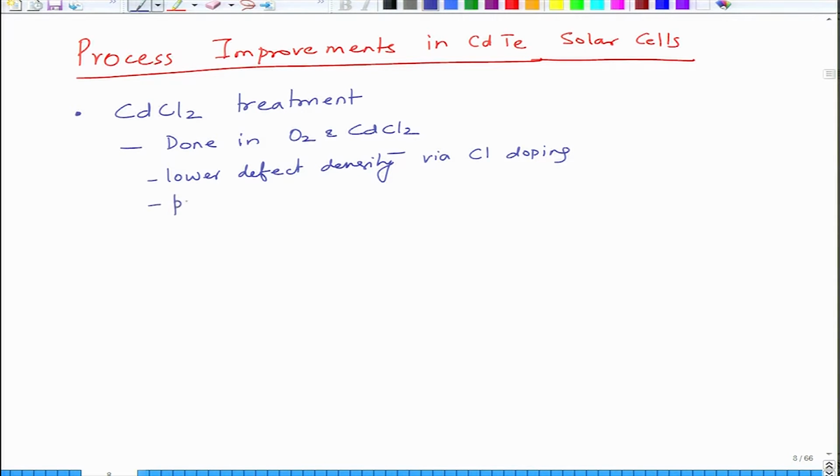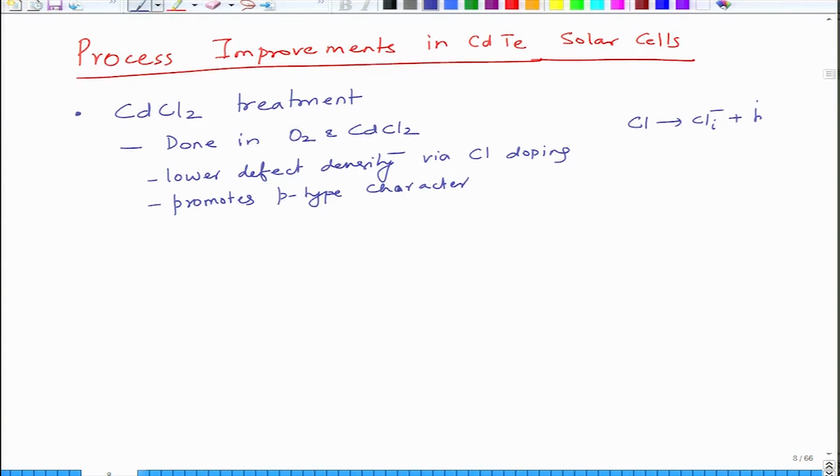It also promotes the p-type character. Okay. So when Cl goes in, it goes as Cl minus plus. If it goes to interstitial site, let us say, and then it gives rise to a hole. Okay.